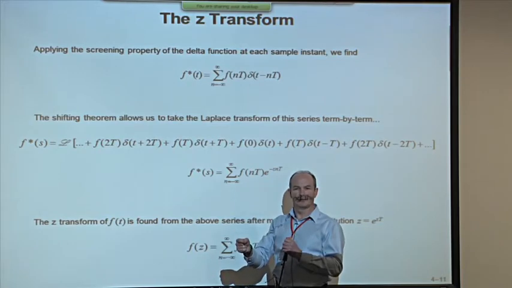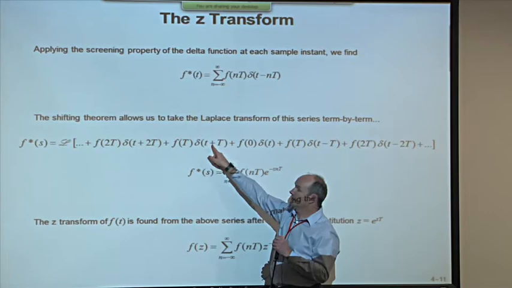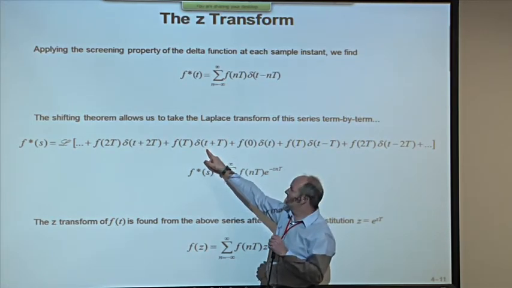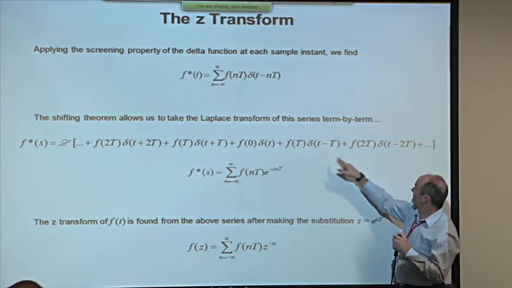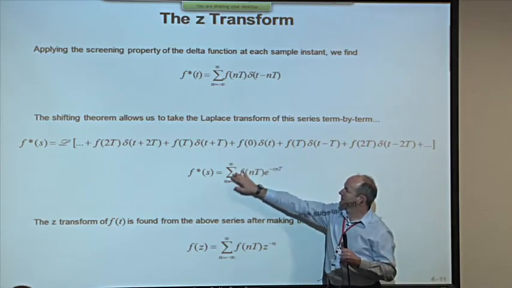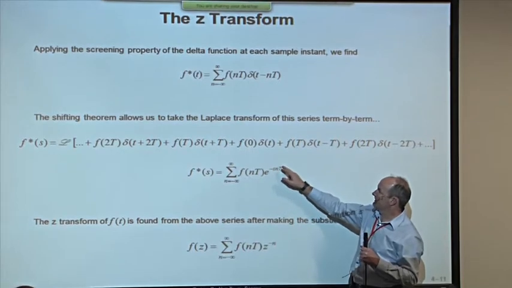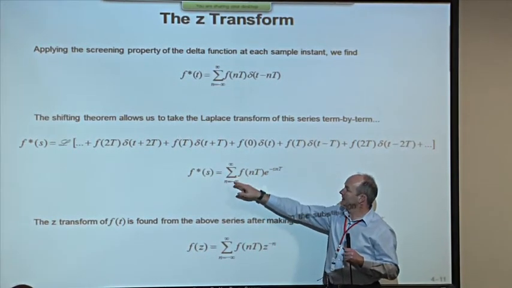By the time shift property of the Laplace transform, this, for example, would be e to the Ts, or e to the sT, that would be e to the 0, this would be e to the minus sT, and so on. So what you end up with in closed form after you've taken the Laplace transform is this, f of nT times e to the minus snT, where n is the index of summation between minus infinity and plus infinity.